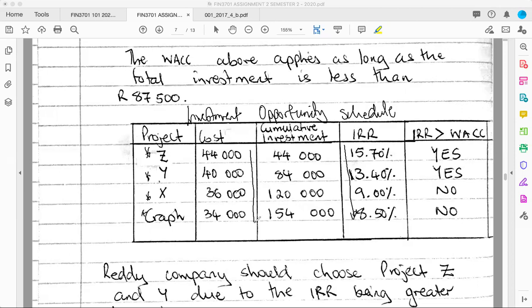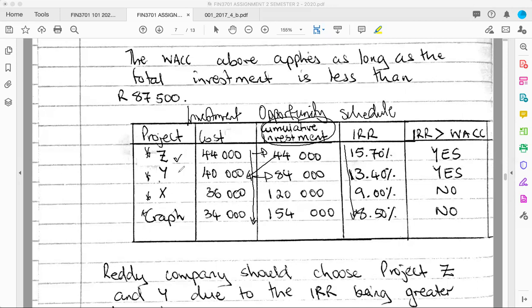We also put the cost of each project. We've been given these costs: 44, 40, 36,000, and 34. And then we find the cumulative investment, the total investment in each of these projects. So if we invest in Project Z only, we will spend 44,000. If we invest in Project Z and Y, we will spend 44,000 plus 40,000, giving us 84,000.